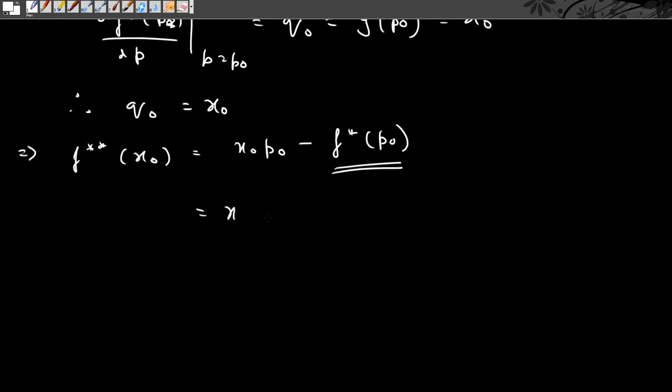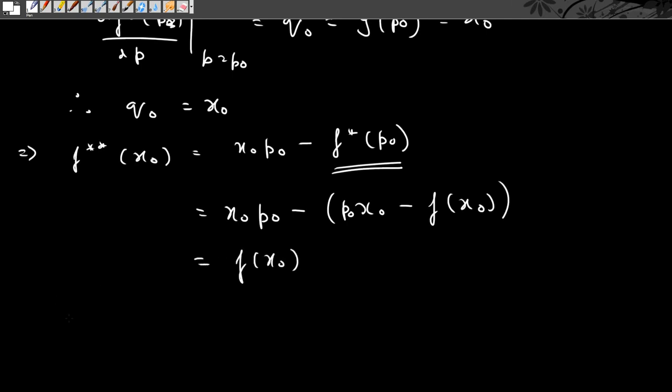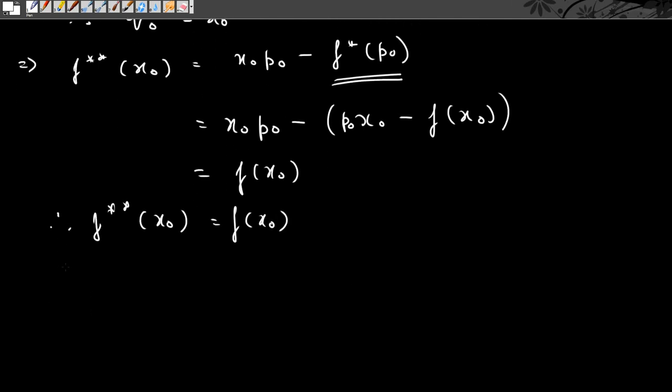So this is equal to x naught p naught minus p naught x naught plus f of x naught. This is nothing but f of x naught. So therefore f double star of x naught is equal to f of x naught. This must be true for any x naught, which means f double star of x is equal to f of x.